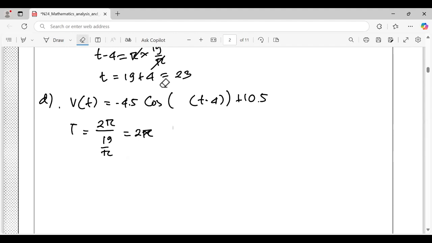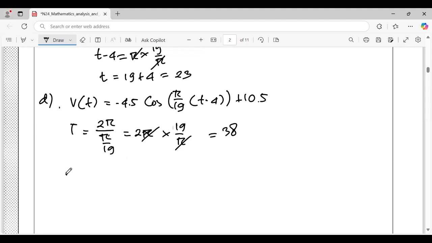Sorry, that's wrong: the coefficient is pi over 19, and dividing by it gives 19 over pi. So 2 pi times 19 over pi gives t equals 38.